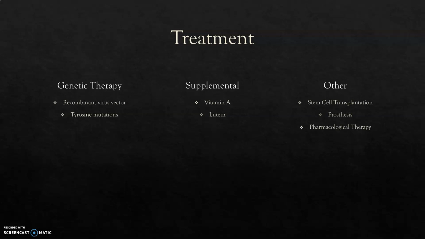And you can also have a prosthesis, which isn't as great because it doesn't have the greatest visual field, but if you have end-stage retinal disease, that can help. You can also have a pharmacological therapy, which they use a neurotrophic factor produced by neurocells to help preserve the rod and cone. And although there's not a full treatment, they are still working on it.